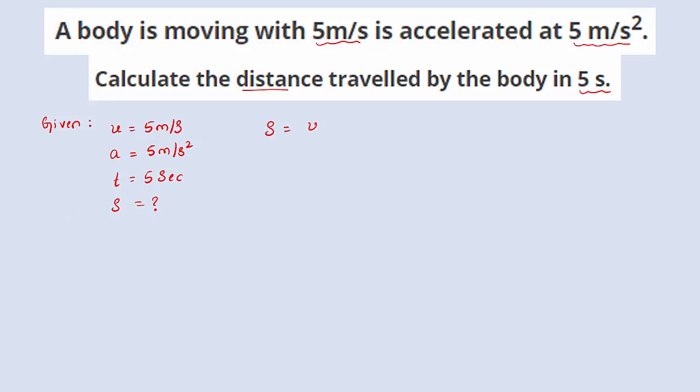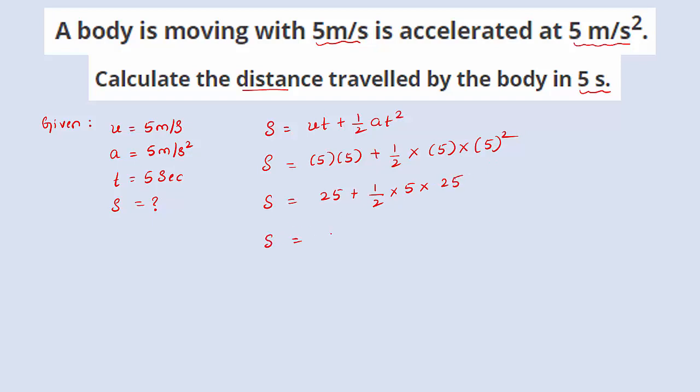Substitute the values. S equals ut plus half at square. This is the suitable equation because we want the distance travelled. Initial velocity is 5, time is 5, plus 1 by 2 into acceleration, which is also 5, and time is 5 seconds. So S equals 5 5s are 25, plus 1 by 2 keep as it is, 5 into 5 square, which will be again 25. So S equals 25 plus 25 into 5, 125 divided by 2.